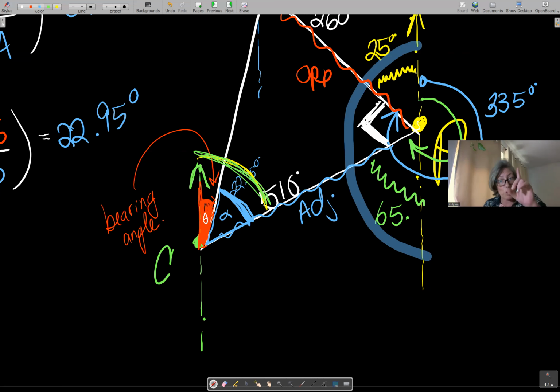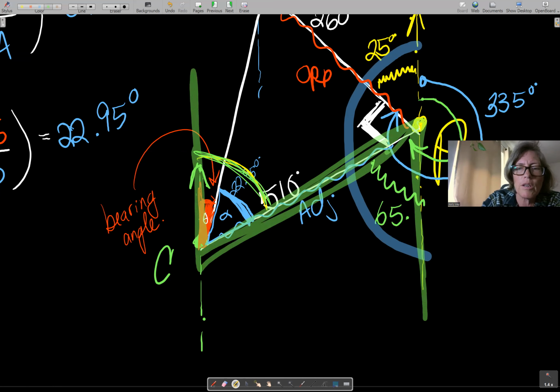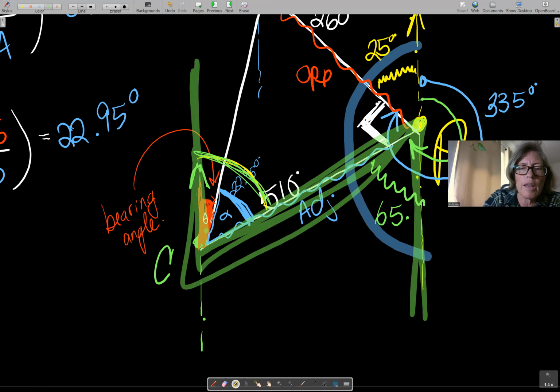Well, you do know that because you have parallel lines. You have alternate interior angles rocking here. See that? I'm going to kind of drag it out real big so you can see. Okay, you have alternate interior angles, which means this 65 comes over here to this 65 because they're alternate interior angles.